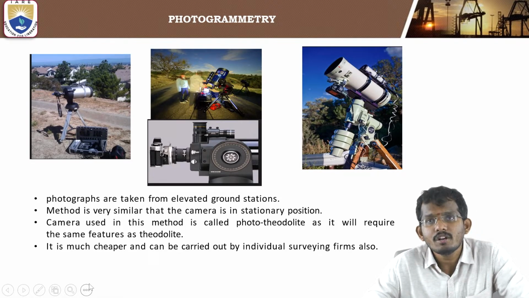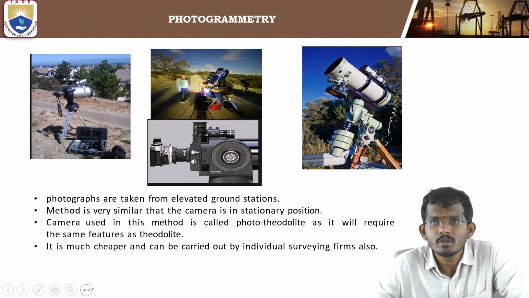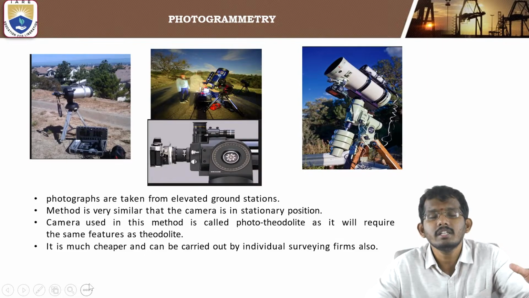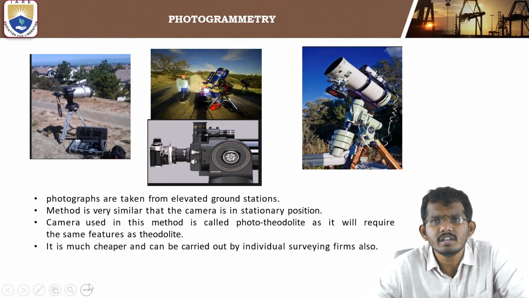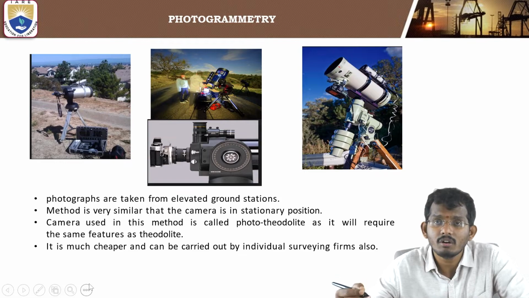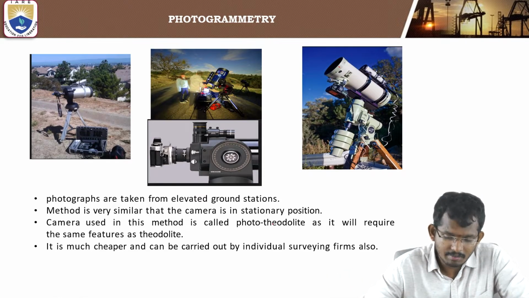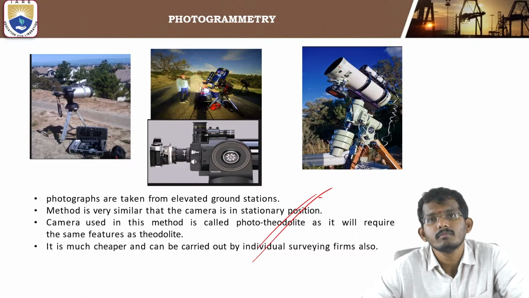If you want to survey a campus, Osmania University or JNTU, a small region, it can be done. It is for small regions like some buildings or small towns where we don't have many obstructions. In such a region or field, this method is suitable.